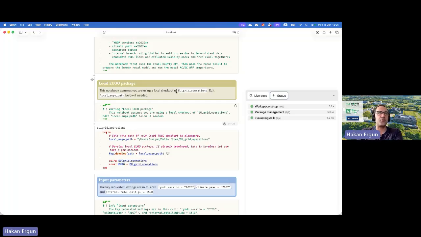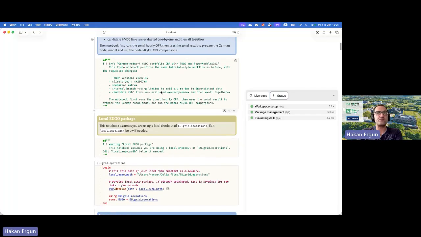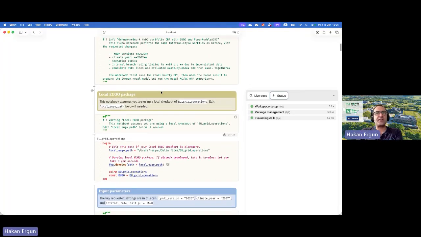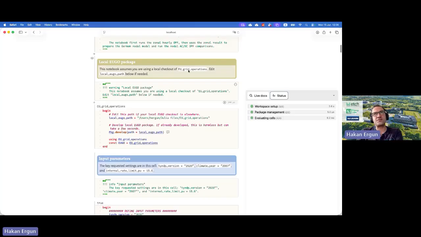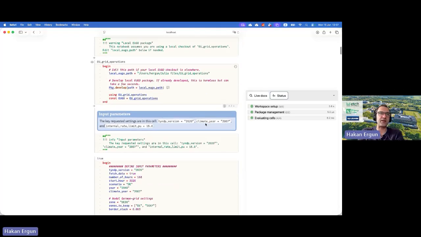I have also provided the link for that. At the end of the day, what you need to do is download that package somewhere on your local hard drive. So you can see I have done it for my local hard drive as well. And then this piece of code is going to make sure that you can get all the data that is in there to be able to run the package.